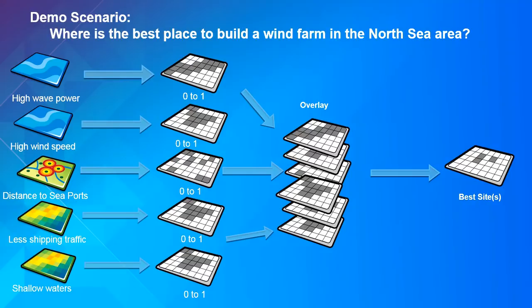If you have a very high wave power for that specific criterion, it's probably closer to 1, and very low will be closer to 0. After I reclassify them, I can add them up. This is what they call a raster overlay, and then I calculate the best sites that are most suitable for my purposes. So let's take a look.